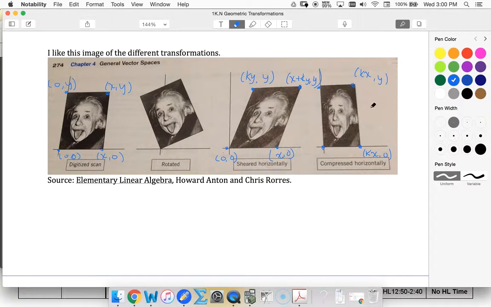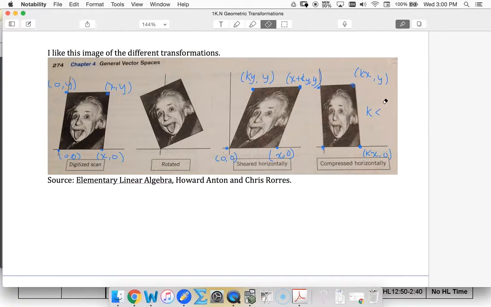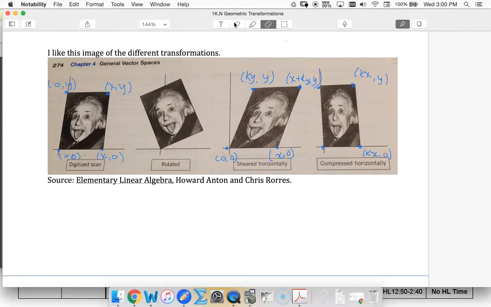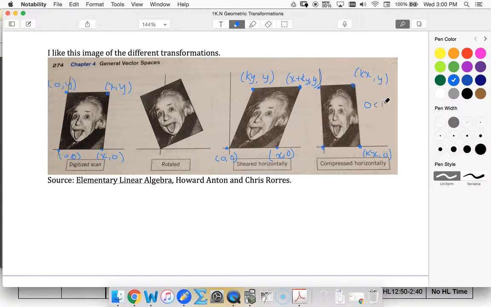And in this case, we can see that our k value would not be less than 0. If it was less than 0, it would have come over, it would have reflected over the y-axis as well. So k is going to be between 0 and 1 because it's gotten smaller, so it's fractionally scaled.